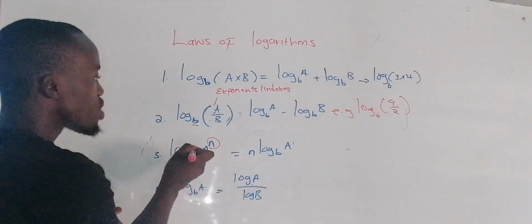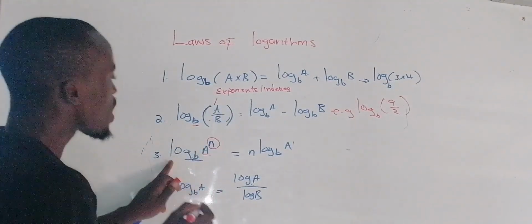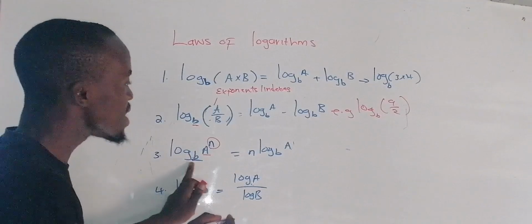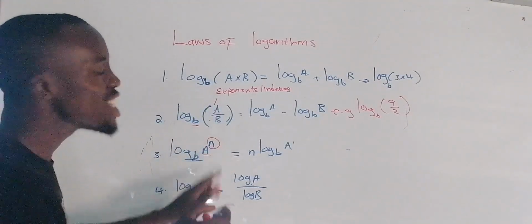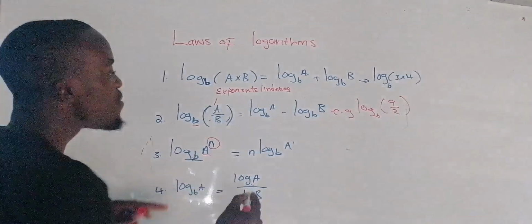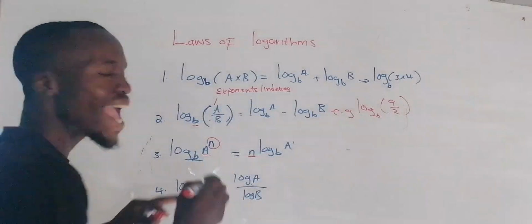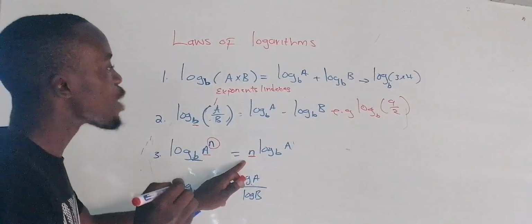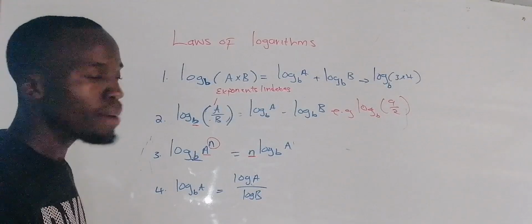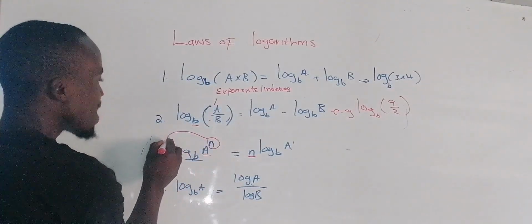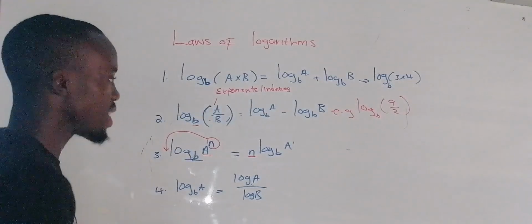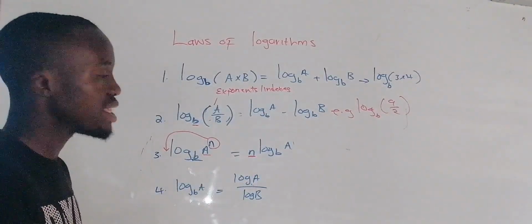What you must do is transport that N to come here on this side. That is why we have that thing there.